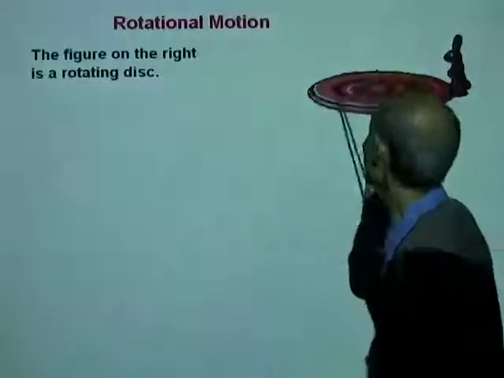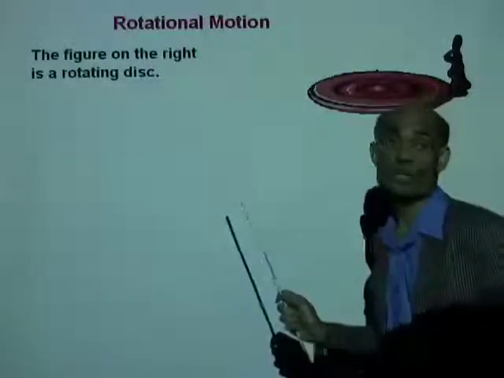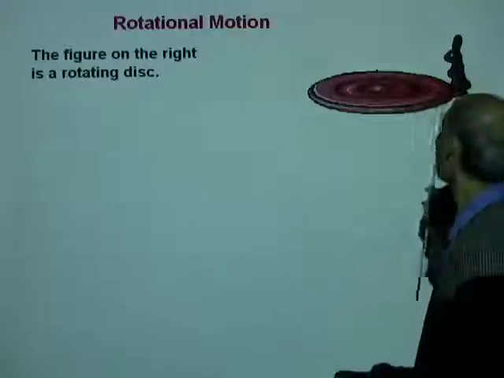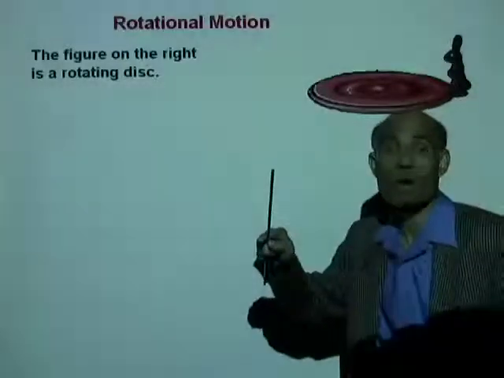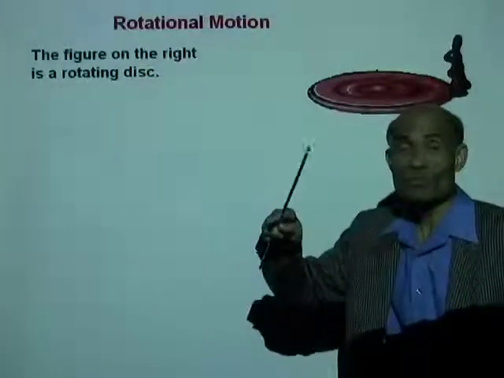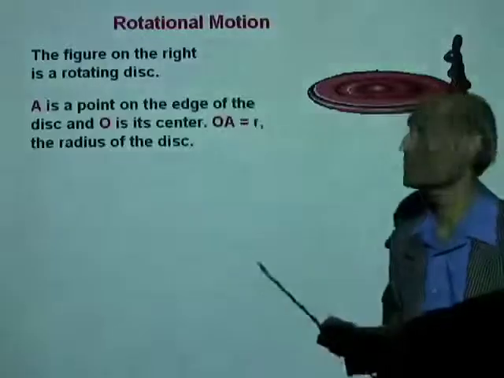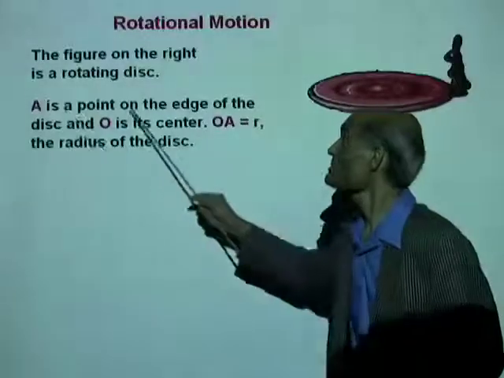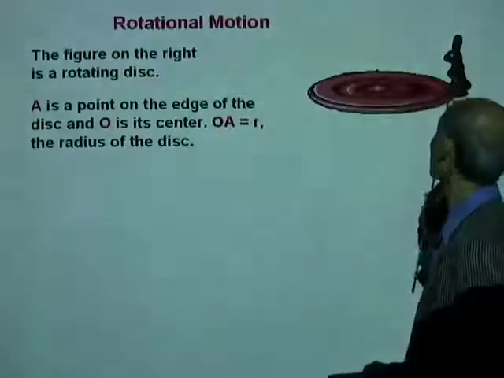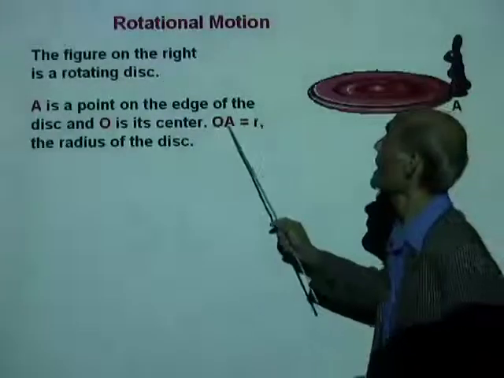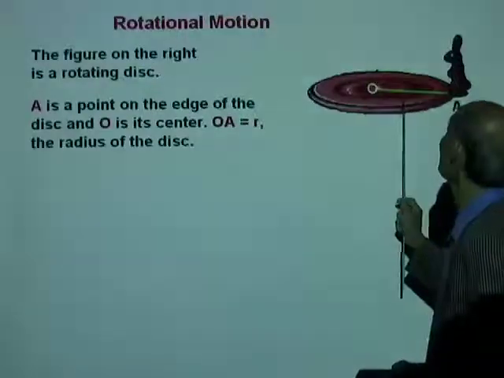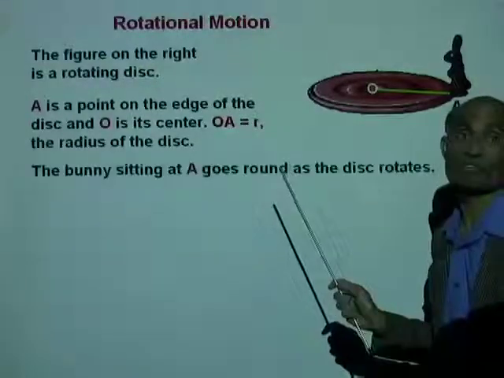Here I have the picture of a rotating disc. I have placed the bunny at one point so that when the disc rotates, you can see how the bunny moves. A is the point on the edge of the disc, and OA is the radius of the disc.